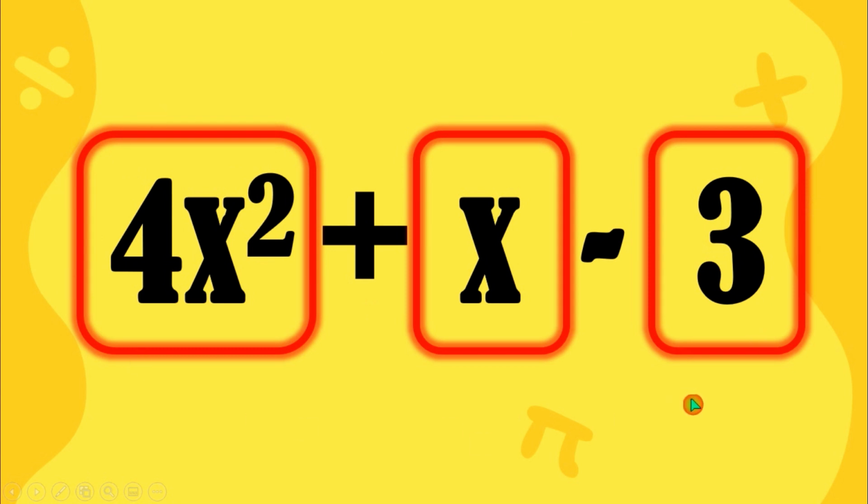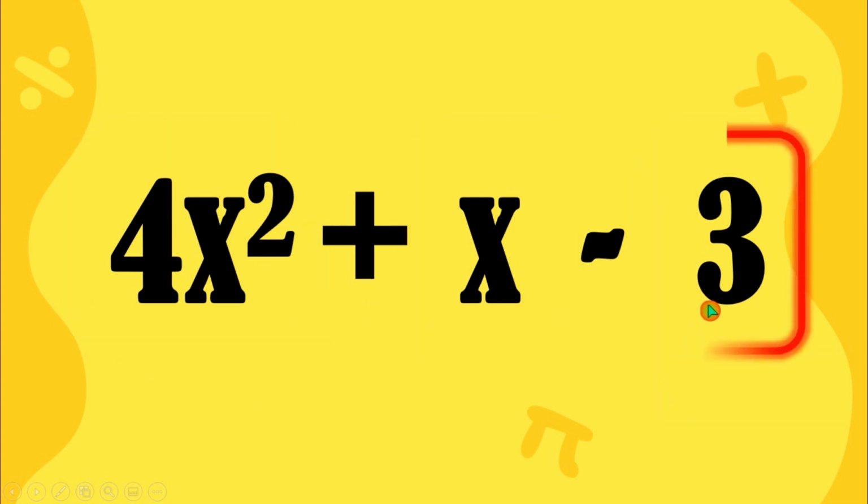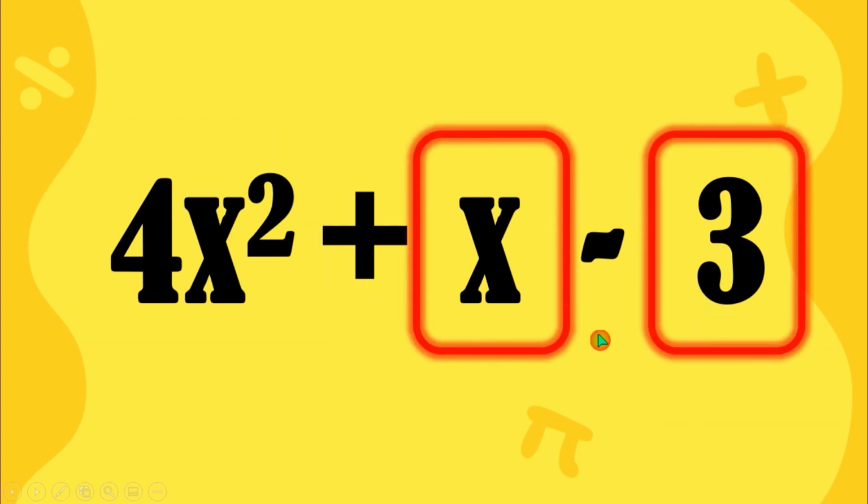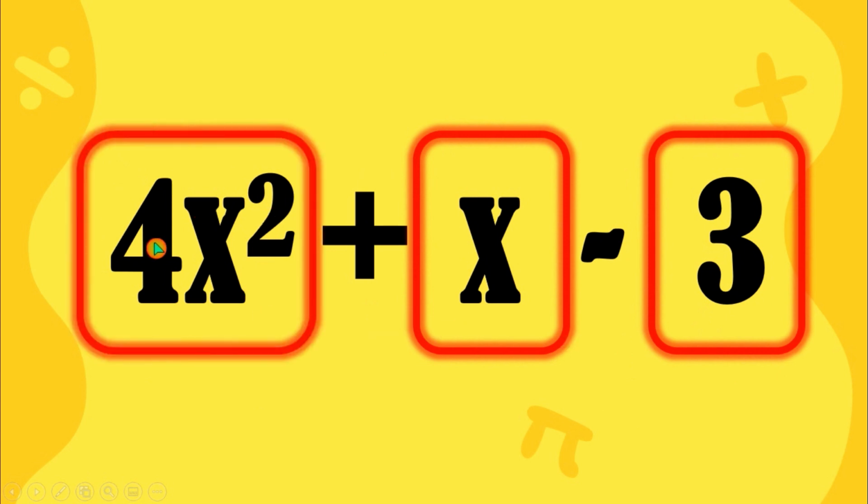Kasi, sinabi kanina na ang term daw ay pwedeng constant lang, like this one, pwedeng variable lang, or pwedeng combination ng constant and variable, okay, with its exponent. Nagkataon na may exponent dito yung x na to. So, in this case, we have 3 terms all in all. 1, 2, 3. Separated by plus or minus. So, ito yung tinatawag nating term. Another term. And another term. All in all, there are 3 terms.